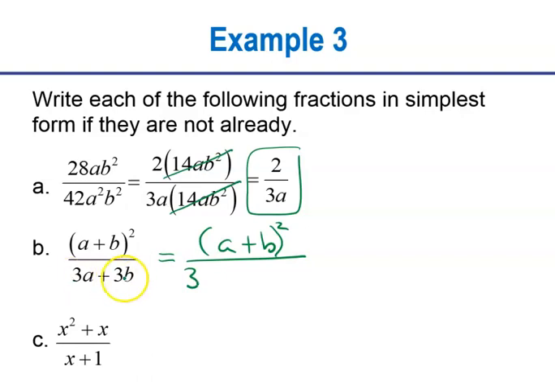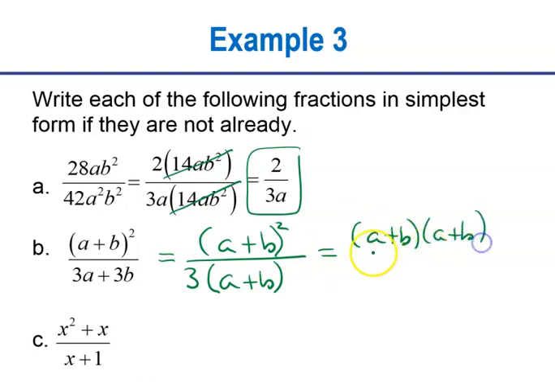So I'm going to pull out that common 3, and that leaves me with A plus B. Now, as you can imagine, in the numerator, if you really need to see it, A plus B times A plus B is equivalent to A plus B squared. And what I can do is cancel this A plus B with this A plus B. And my final result is A plus B divided by 3.